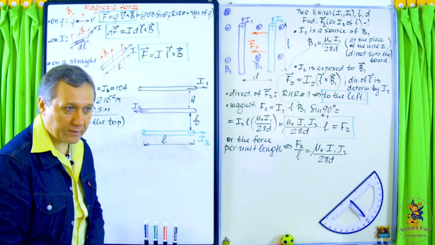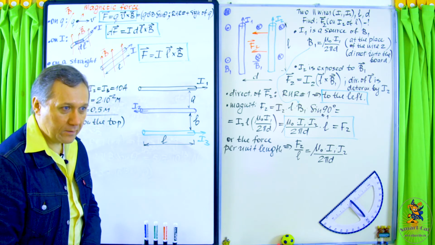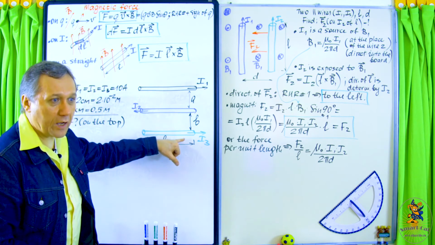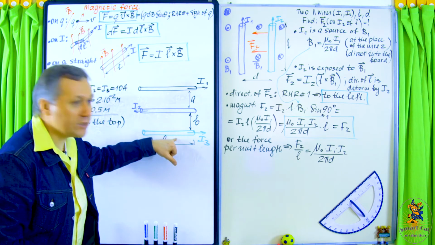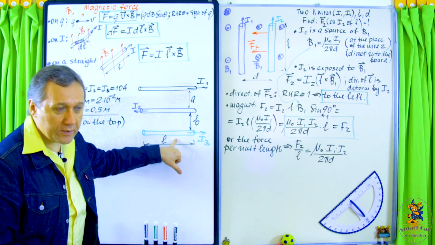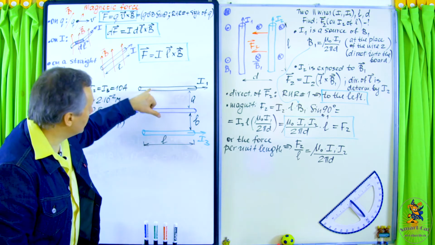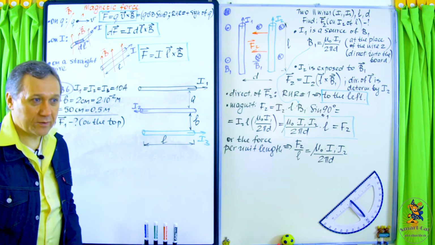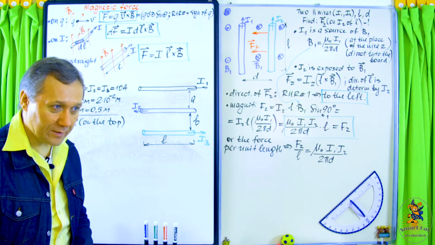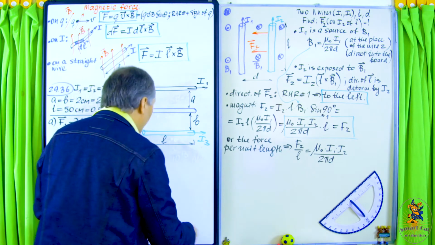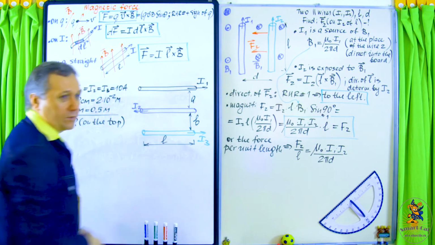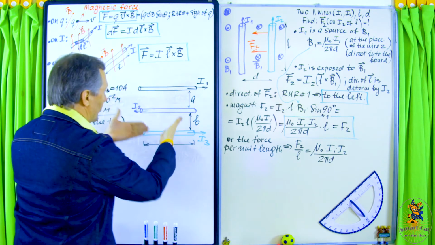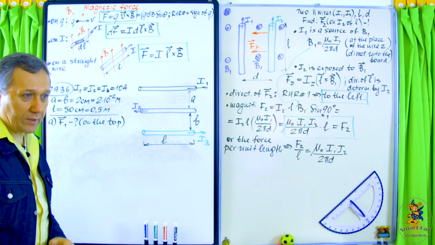Of course, you will have to find the net force. Then the last part C, you will have to find the force on I3. In this case, this will be the object on which the force is exerted, and this will create a magnetic field, and this will create a magnetic field. Superposition of two fields, right? But in our case, this is the object which experiences the force, and these are the sources of the magnetic field.